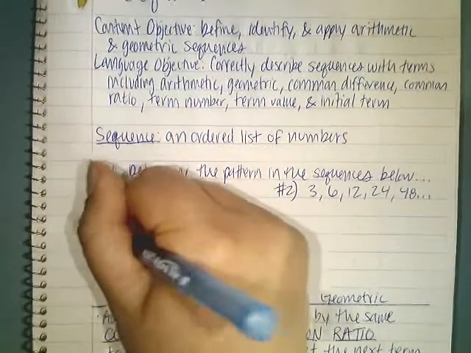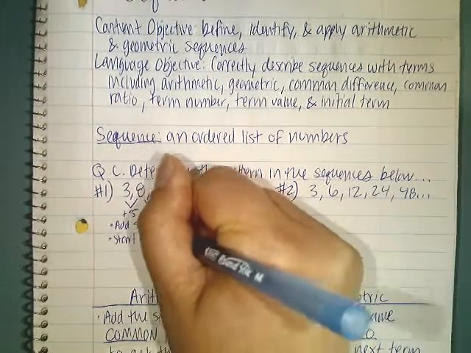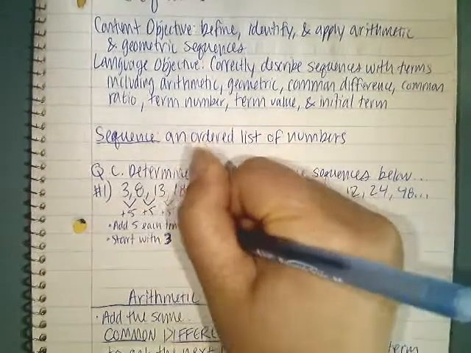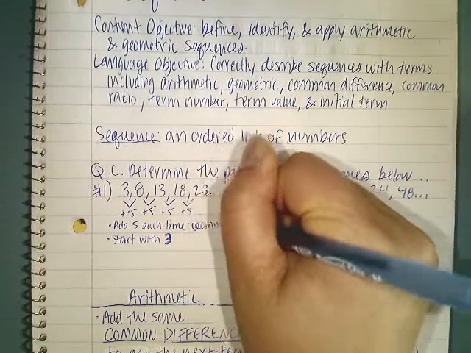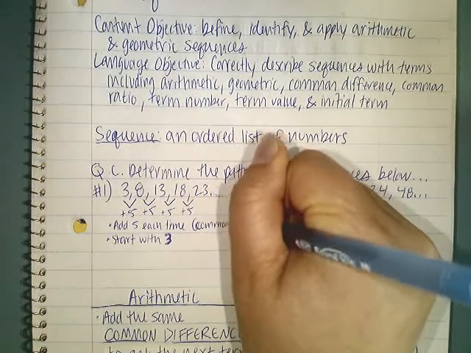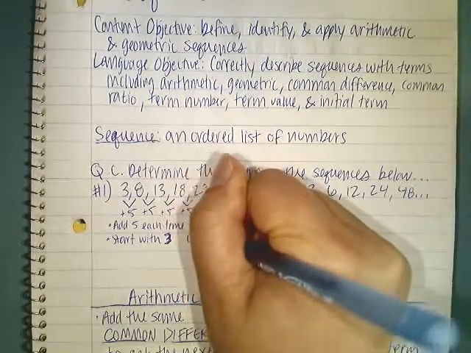We started with 3, so 3 was our initial term. This is our common difference. This is our initial term.